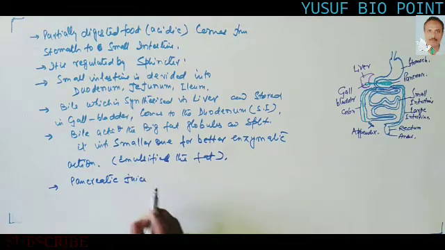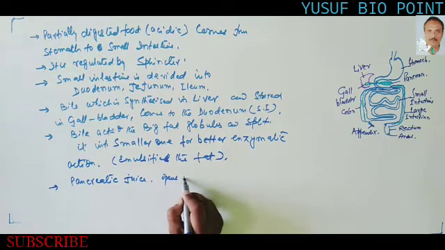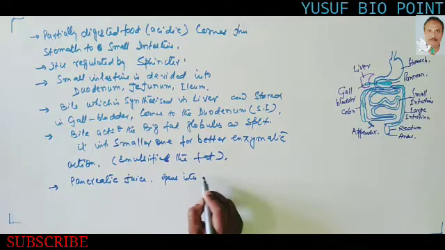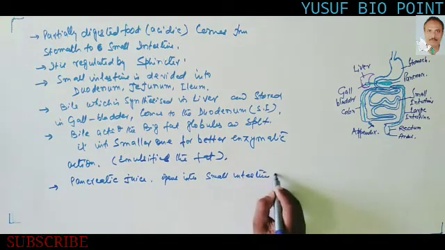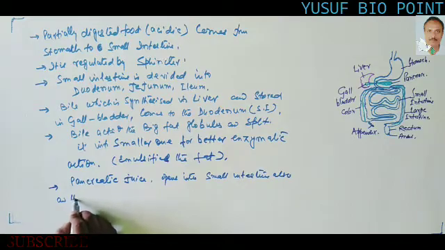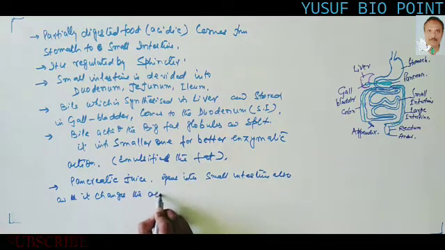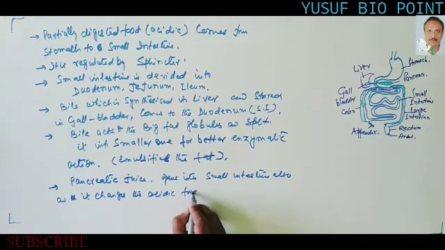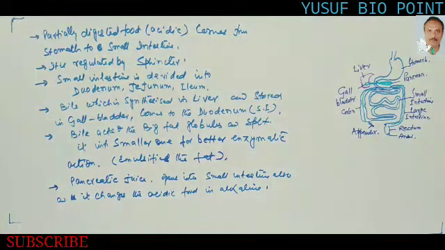Now the pancreatic juice, which opens into the small intestine also, changes the acidic food into alkaline, because the acidic food cannot be digested in the small intestine, so it is essential to change it into alkaline.